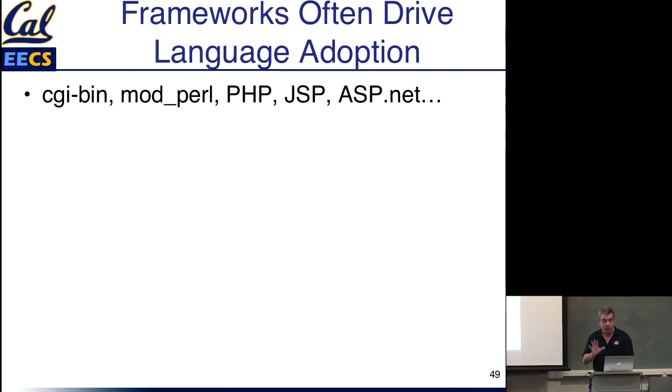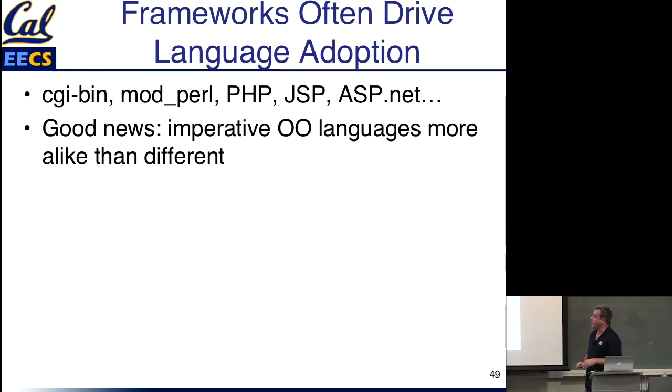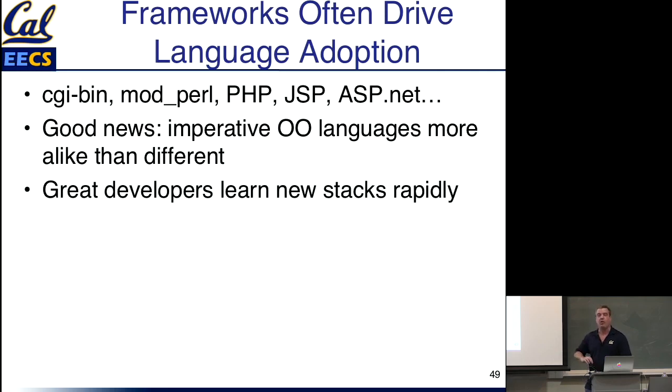The good news for you is that all of those frameworks are based on imperative, object-oriented languages, languages in which you specify step-by-step what to do, and in which you do data hiding by declaring classes, methods that operate on instances of those classes, and ways to connect them together. From that point of view, all of those languages are far more alike than they are different. And what makes a valuable developer when you're out there trying to get hired is not which stacks you know, it's how fast you can learn a new one and start being productive in it.